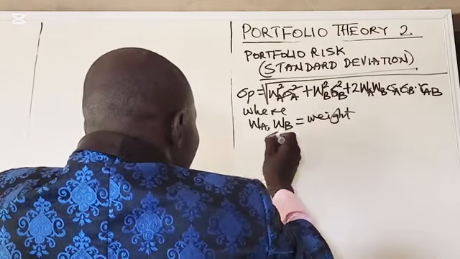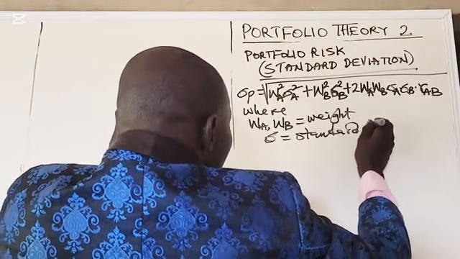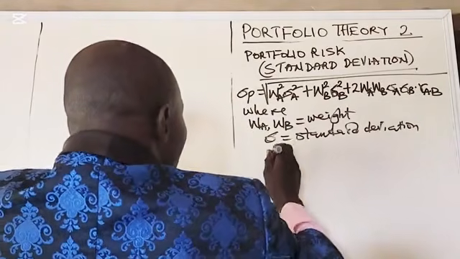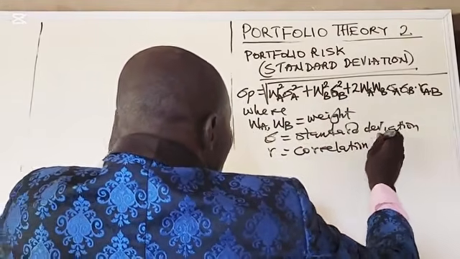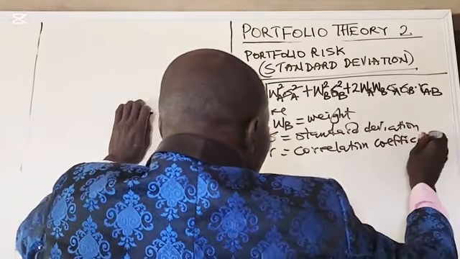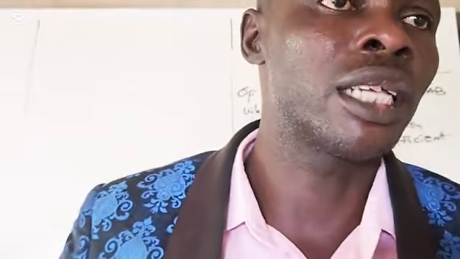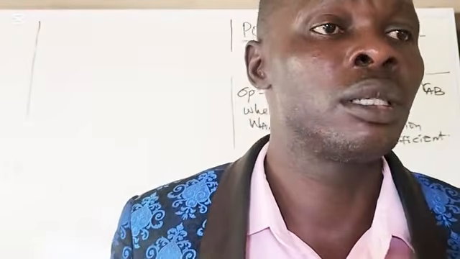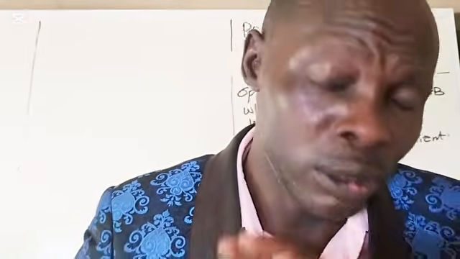This symbol is standard deviation, and R is the correlation coefficient. What this means is that portfolio risk is not just a weighted average of risk, it depends on correlation. Low correlation means lower risk. Negative correlation means major risk reduction.